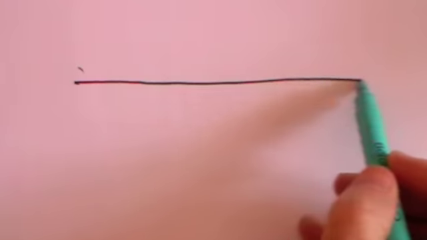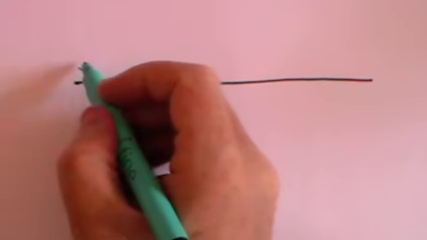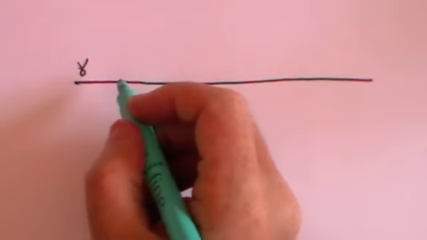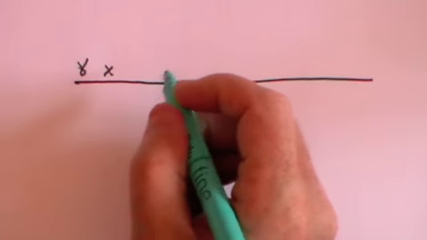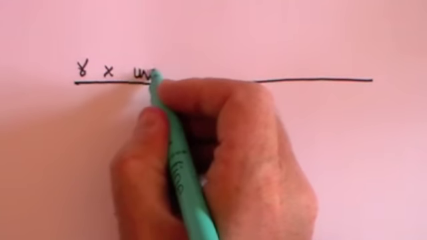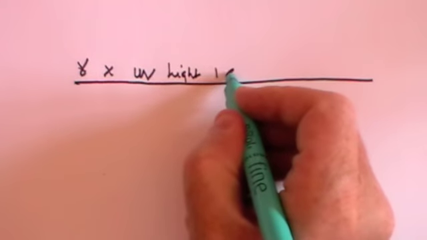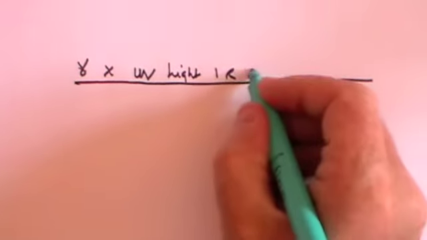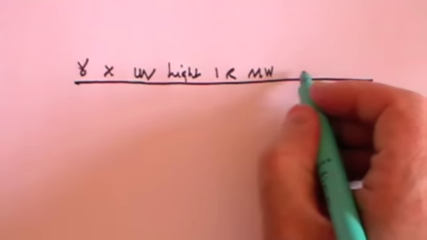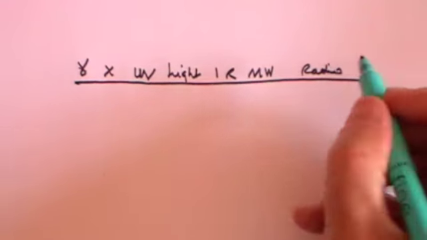Let's just remind ourselves that the electromagnetic radiation covers a very wide spectrum, from gamma rays to X-rays to ultraviolet to ordinary visible light, to infrared, to microwaves, to radio waves.